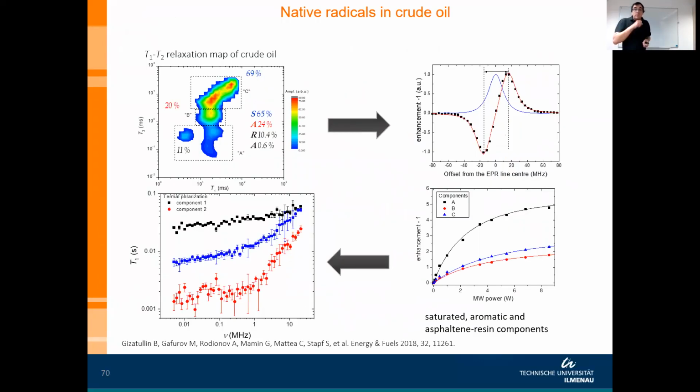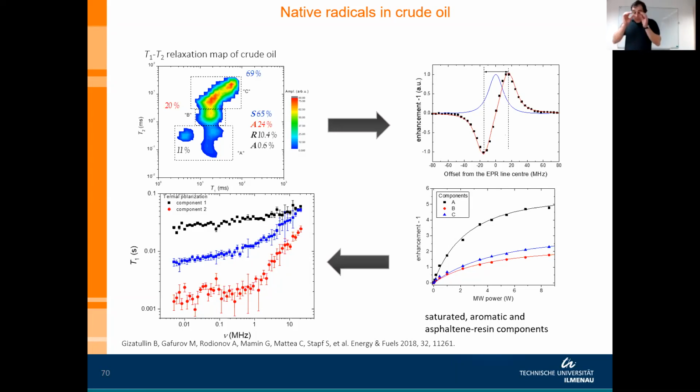And then another type of system is native oil-based radicals that are in native oil. For example, we have an oil that has asphaltene here.